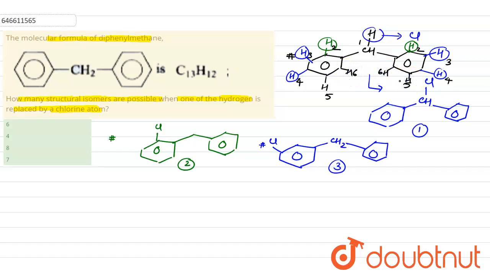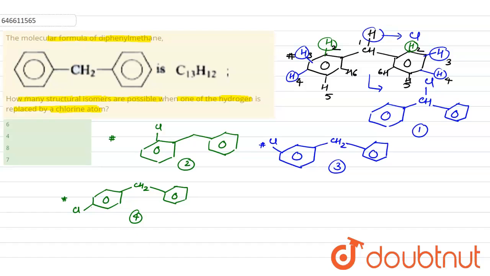So if I replace the fourth hydrogen, then we will get our next isomer, and it would be benzene ring. Here is Cl, CH2, here is another benzene. So this is our fourth isomer.